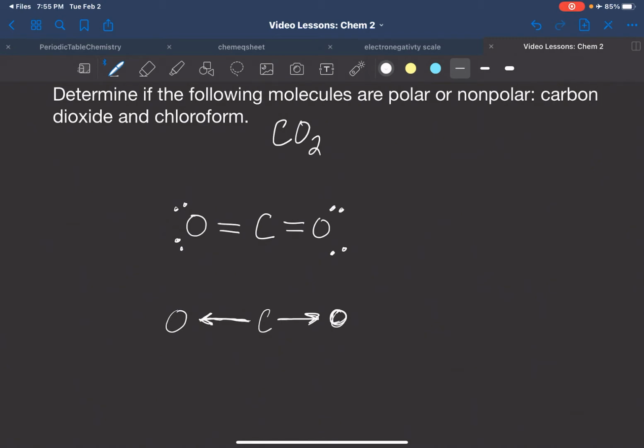So this carbon is pulling this oxygen this way, and this oxygen is pulling this carbon this way. Whether it was single or double bonded, this would be the case regardless. We just happen to have a double bond between these atoms.